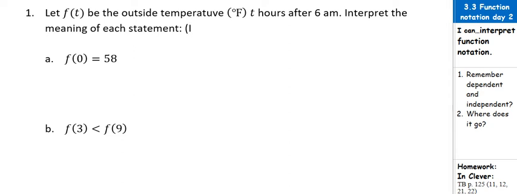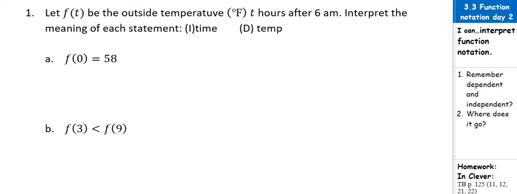So which one of these things causes the other one to change? Hopefully, you said that the temperature is dependent upon the time. When the time changes, then that temperature changes.